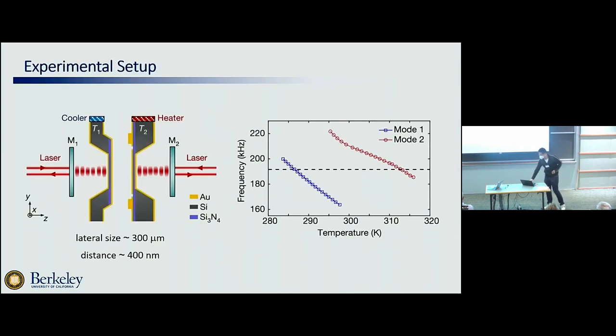This is achieved through thermal tuning of stress, where we intentionally design the membranes so that they have slightly different sizes, but we heat up one of the membranes while cooling down the other, so that we use the thermal stress to tune their mechanical frequency and make them the same. At the same time, we establish a temperature gradient across the membranes, so that we can really make the mechanical modes talk to each other.